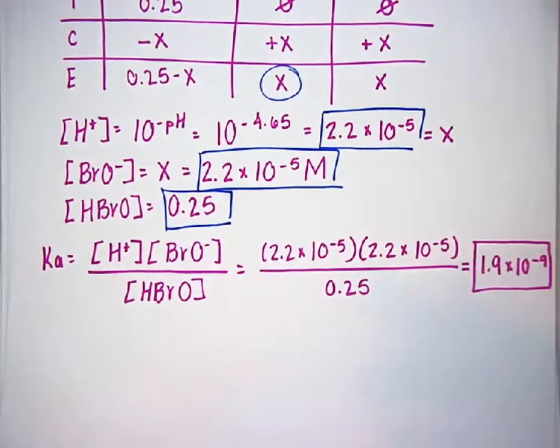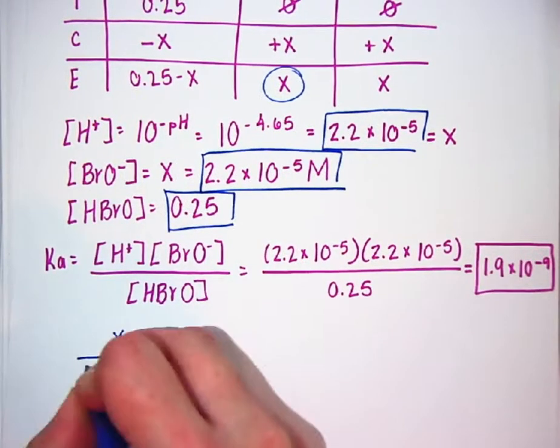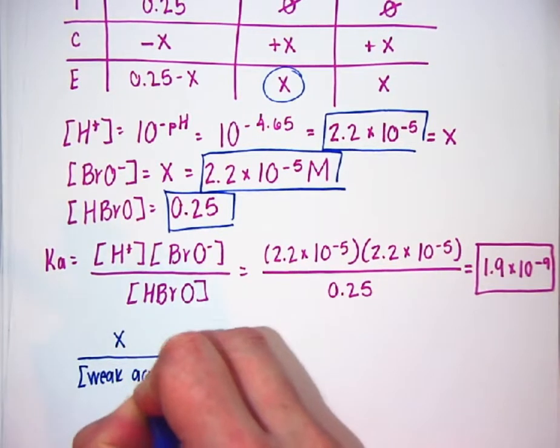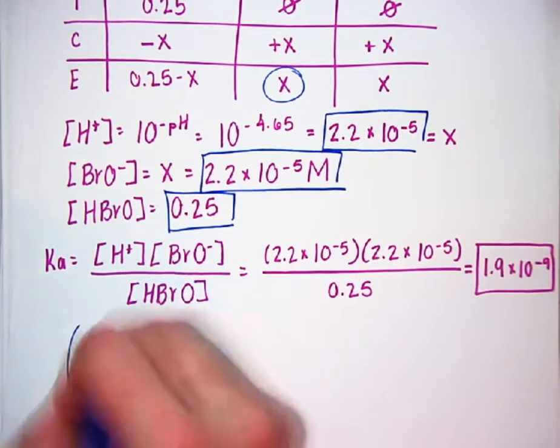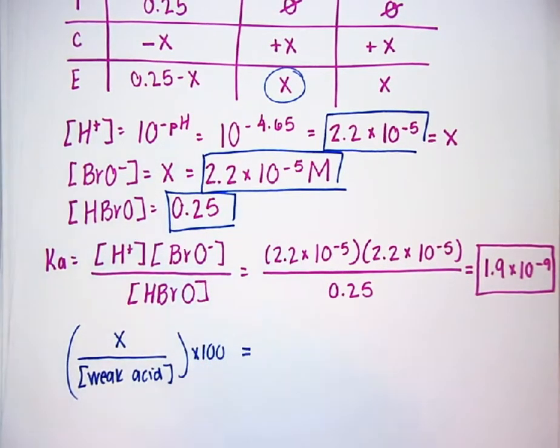If you want to make sure, was that the right thing to do? Should I have dropped X? We can take X over the concentration of the weak acid and multiply by 100. If our answer is less than 5, it was okay to drop it.